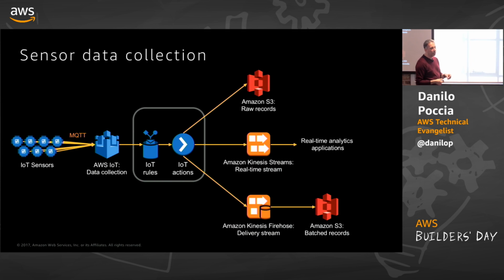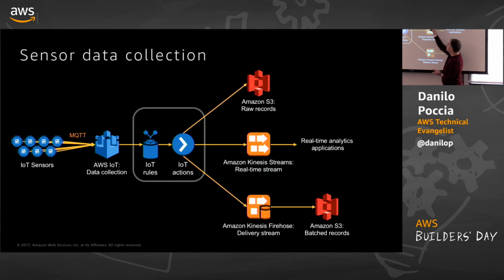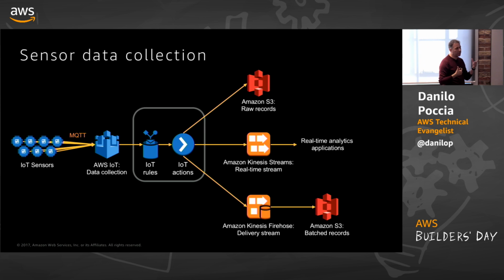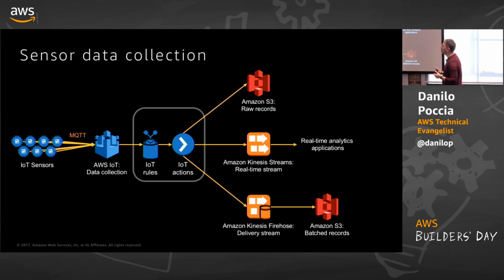And there you can set up rules that, depending on the content of the record, can send this data for ingestion or processing to the AWS cloud. You can either just store the raw records, but in this case, every record becomes an object on S3. So if you have very small records, it's not efficient. You can send this to a Kinesis data stream, and here you can process the data with a Lambda function.